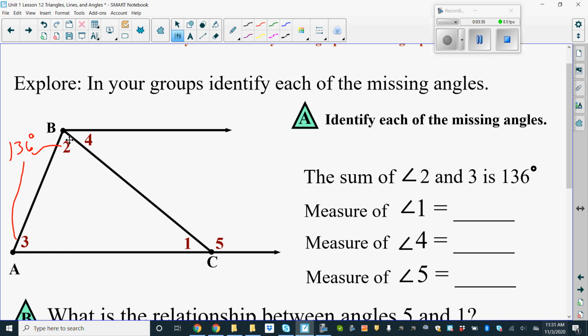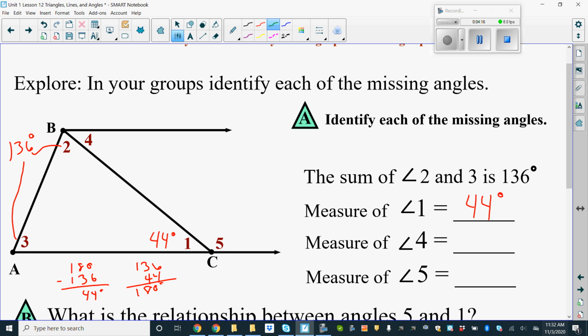So if we know angle 2 plus 3, their sum is 136, in order to find angle 1, we can just do 180 minus 136, and we get 44 degrees. So now we know angle 1 is 44 degrees. And if you wanted to check your work, you could say 136 plus 44 is 180, which is the total amount of degrees in a triangle.